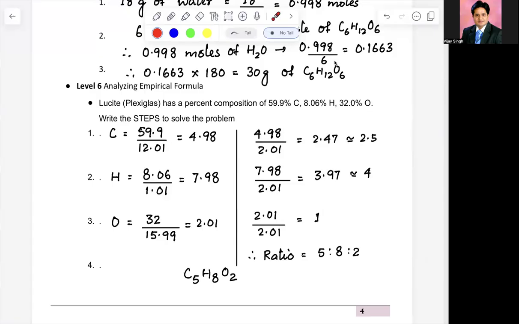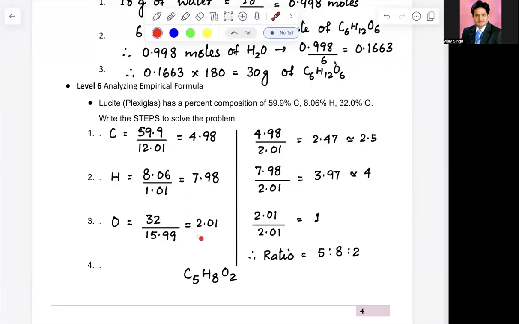So technically you're trying to calculate the number of moles. Because I'm assuming this as the mass, we are assuming the total mass is 100. So the mass of carbon is 59.9 divided by 12.01, that gives you 4.98. For hydrogen, 8.06 divided by 1.01, that is 7.98. For oxygen, 32 divided by 15.99, that's 2.01.